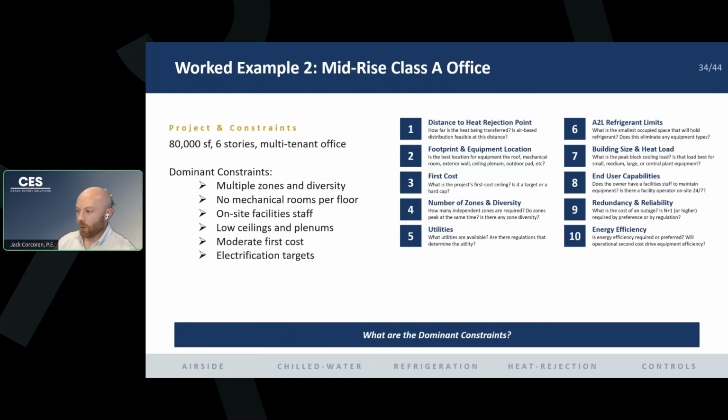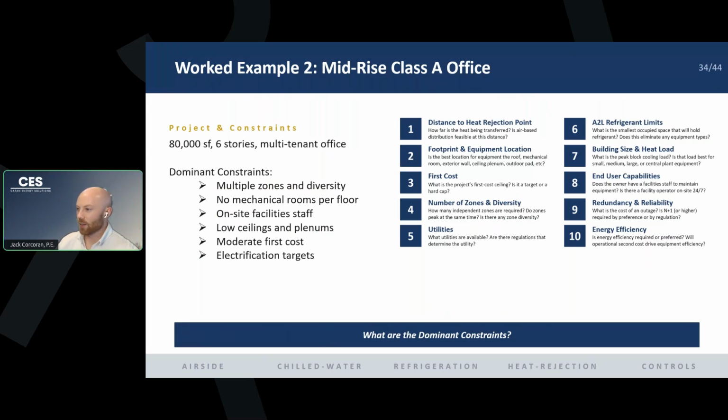So our example number 2 is much larger. We have 80,000 square feet, 6 stories, and it's a multi-tenant office. We can ask ourselves all these questions. We have multiple zones and diversity as one of our dominant constraints.